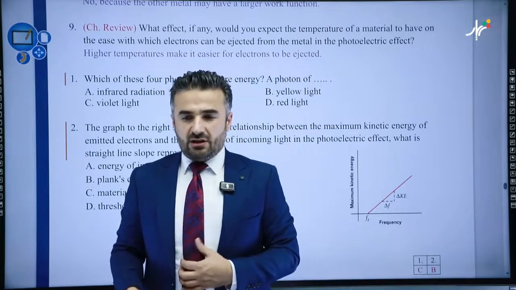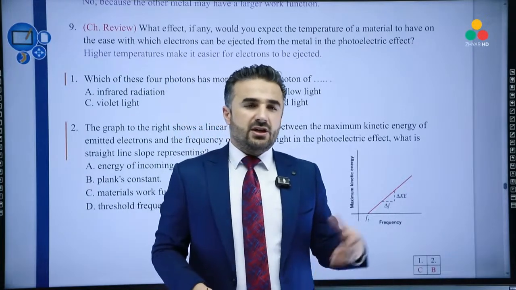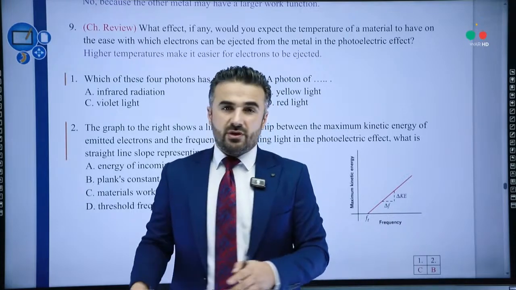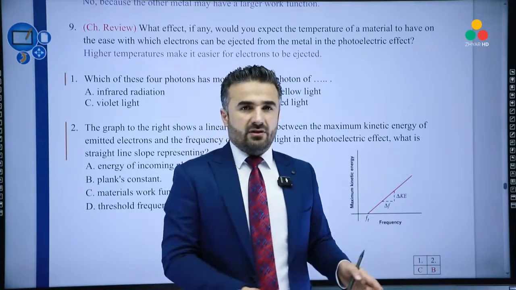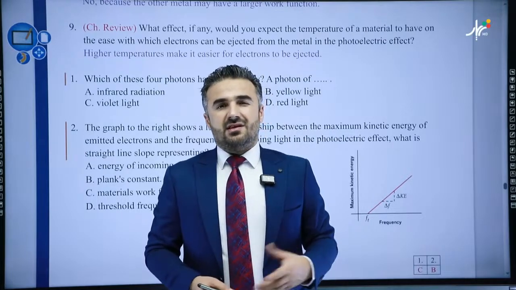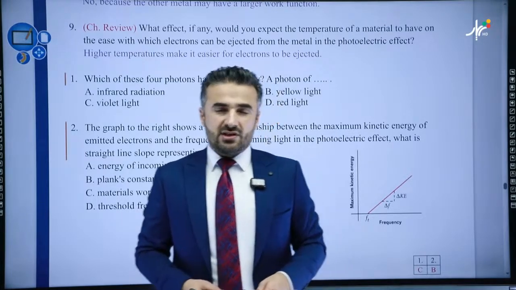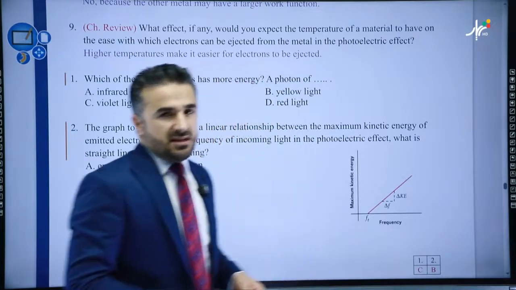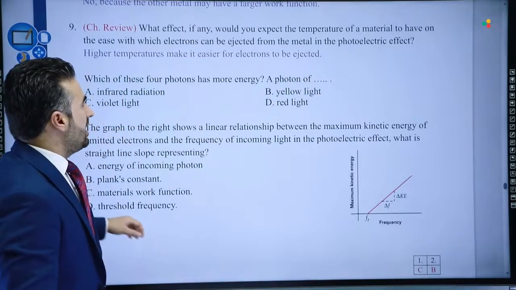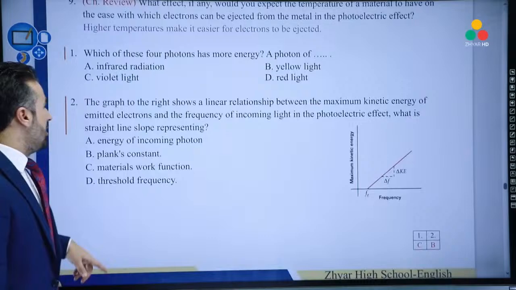Having more energy makes it a little bit easier for the electrons to be extracted, because with a little bit more energy, these electrons will be ejected. So once again, let's make it short. We'll say higher temperature will make it easier for electrons to be ejected, and that's it. You don't have to complicate it.